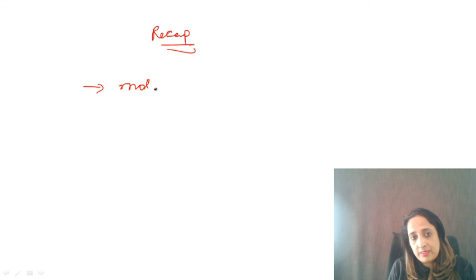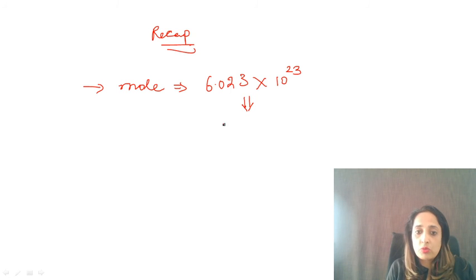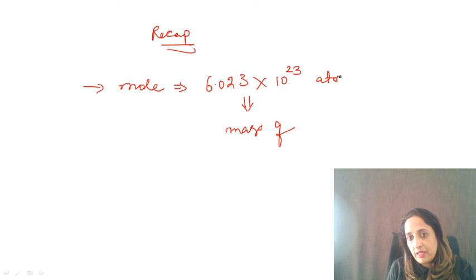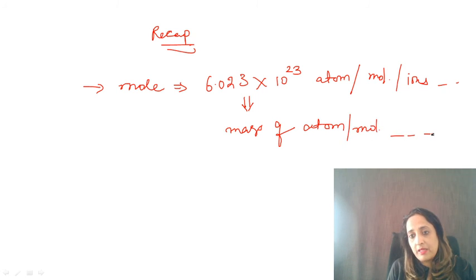And a quick recap of things. One, the mole is equal to 6.023 into 10 raised to power 23, and this is also equivalent to the mass of, whether these are atoms or molecules or ions, the atomic mass or the molecular mass and so on.